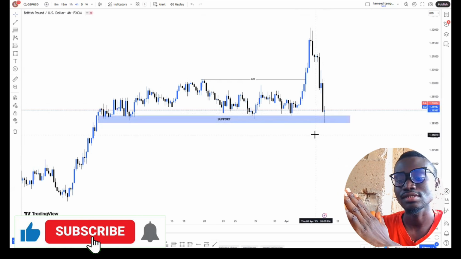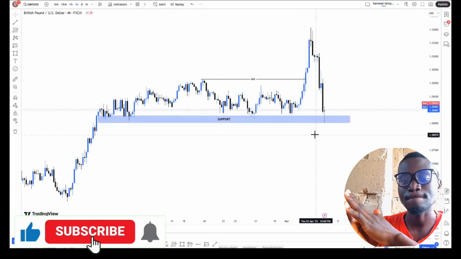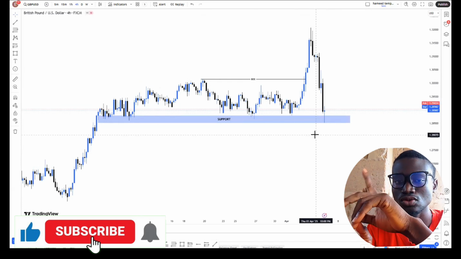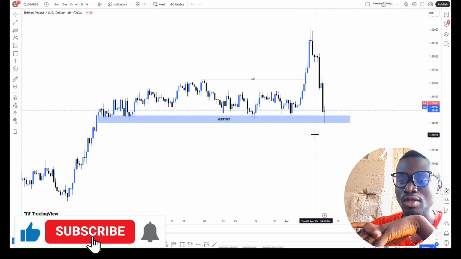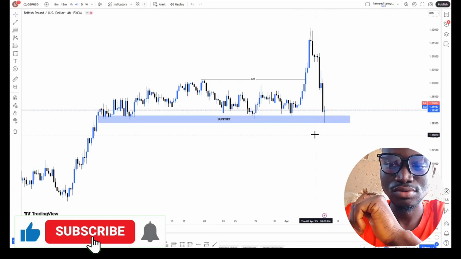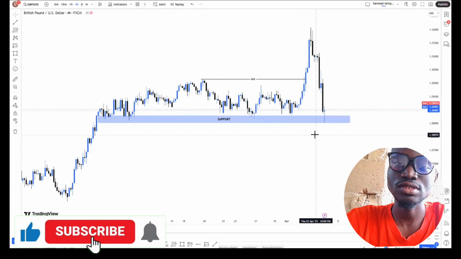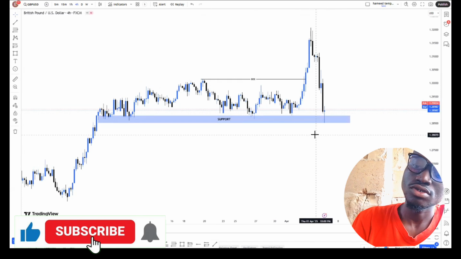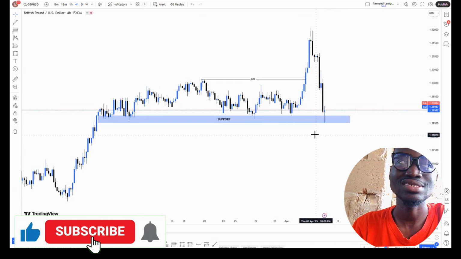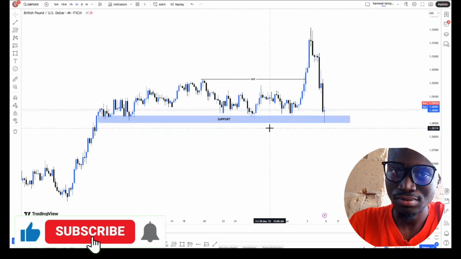Now the weekly candle is giving us a bearish candle, though we are still on a bullish move, but last week's candle is a bearish candle, so we have to take that into consideration. Now we are in 4 hour and we have this support zone which is backing up the trend for us.